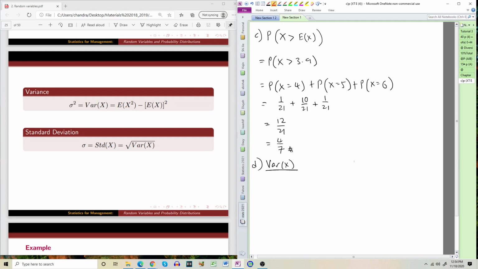For variance, the formula for variance is E(X squared) minus the mean squared. We already found what the mean is.